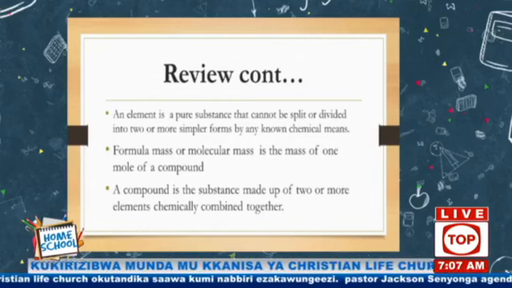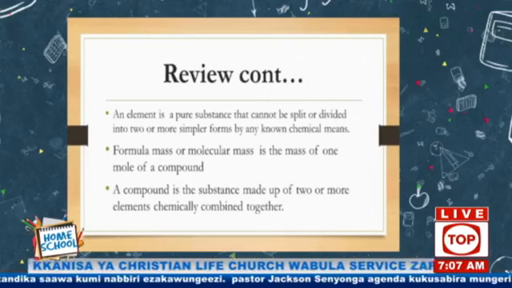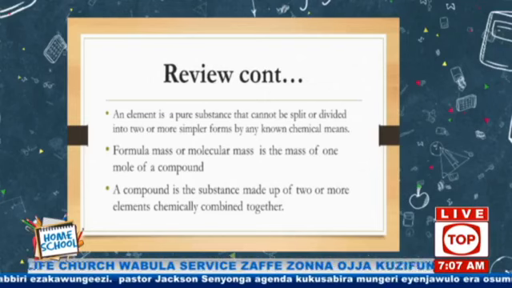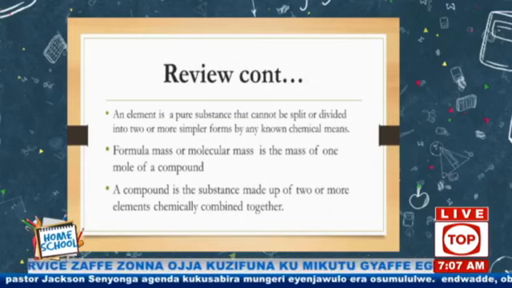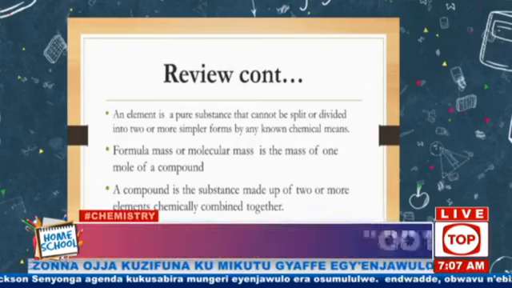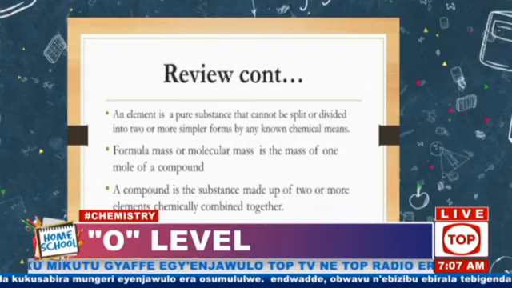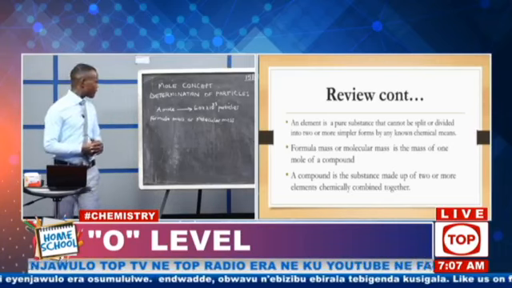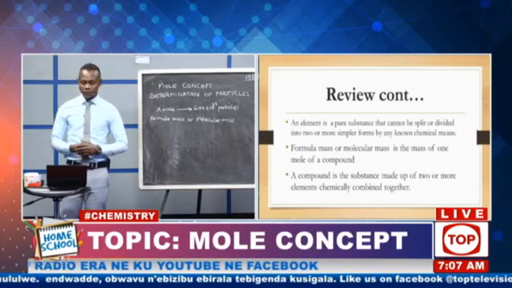And we said a compound is a substance made up of 2 or more substances chemically combined. We defined all those terms. I'm just reminding you of what we did. Also, we looked at so many things. But as for today, I want us to introduce our topic and look at the objectives we shall aim at achieving.